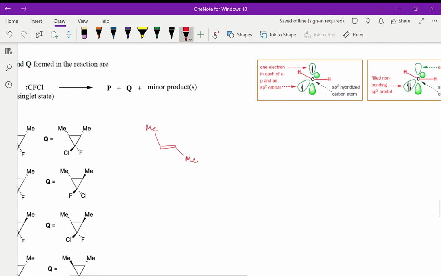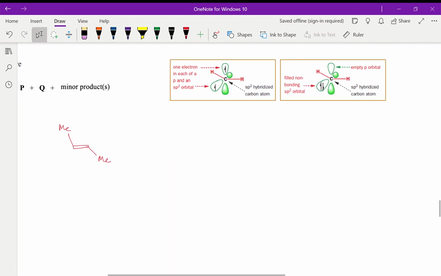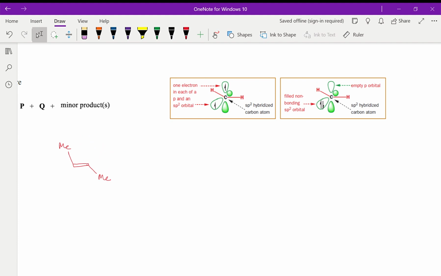To help you understand the picture of a triplet and a singlet: this is your triplet, because it has two unpaired electrons.